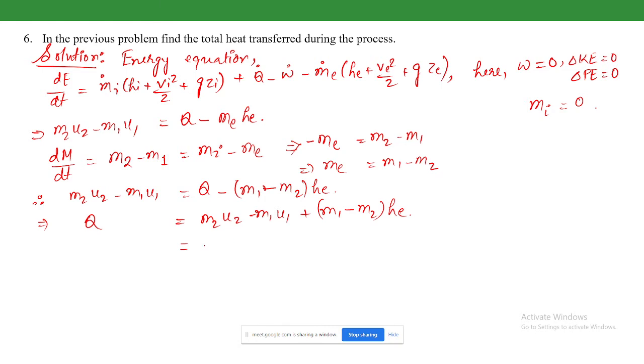So if we put in the values, we need u2, u1 and h_e. We can calculate these values here.